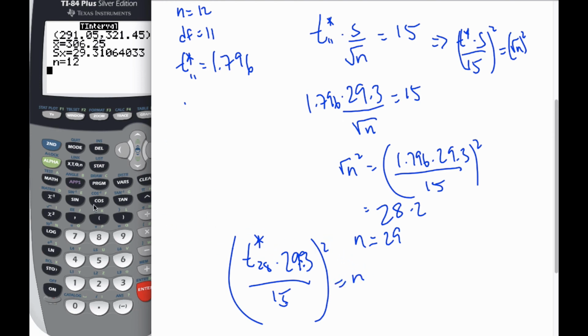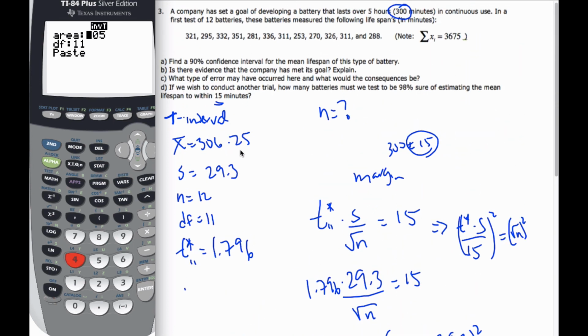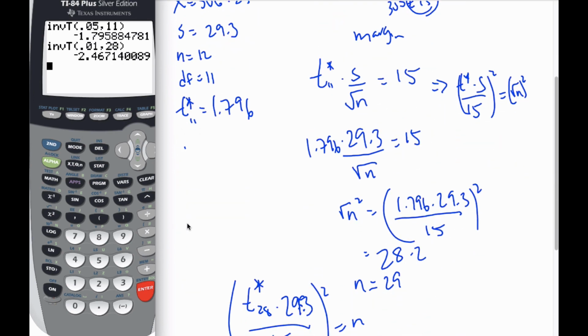Finding my t star for 28, go to my distributions, number 4. I know my area. Well, I'm looking to be 98% confident, which is 0.01. My degrees of freedom are 28. And that gets me 2.467.